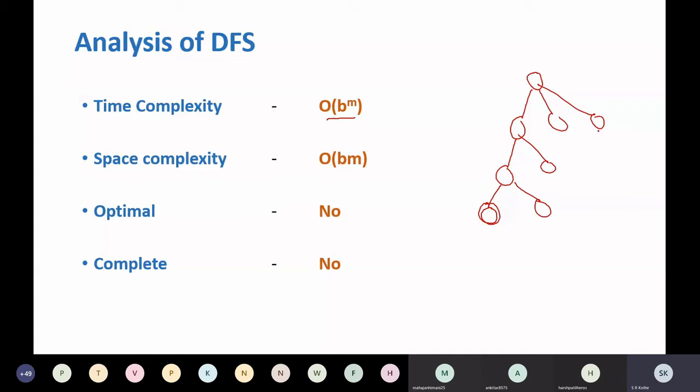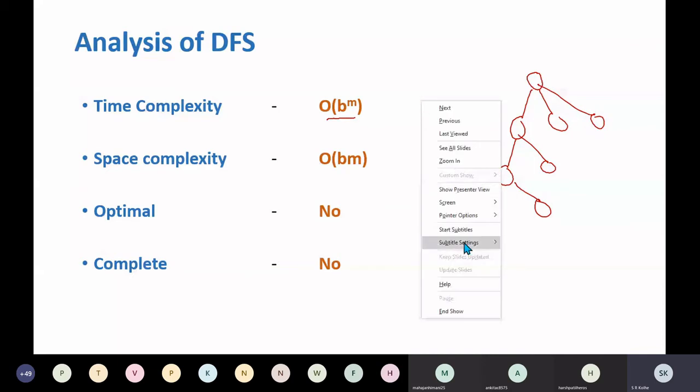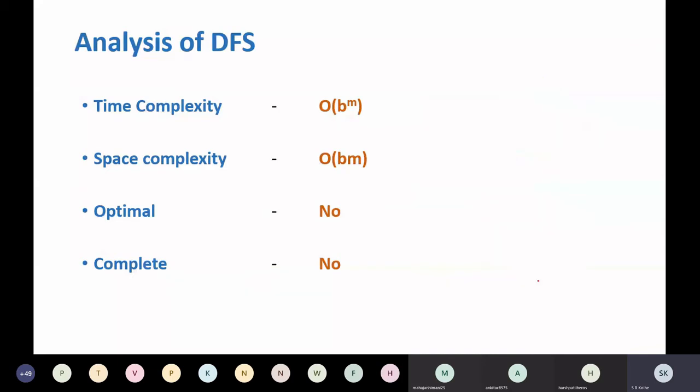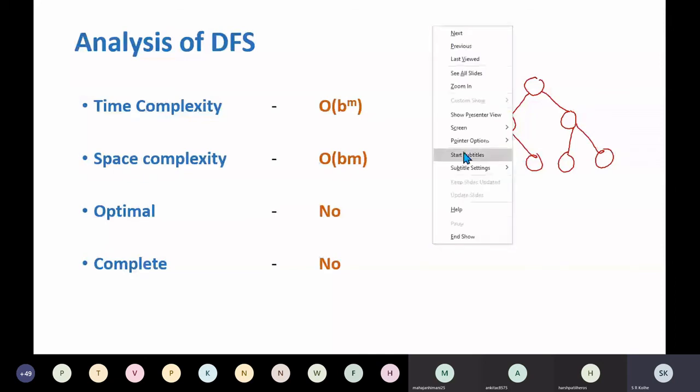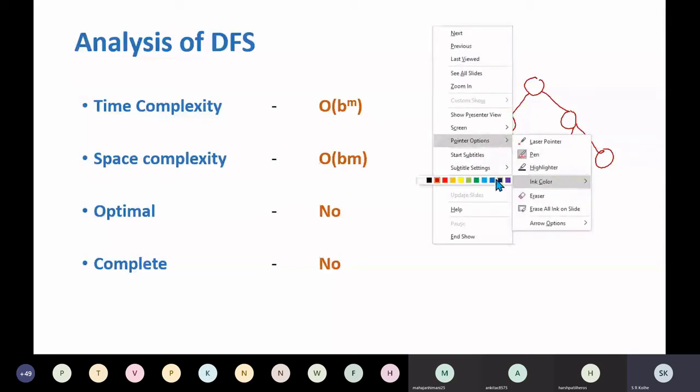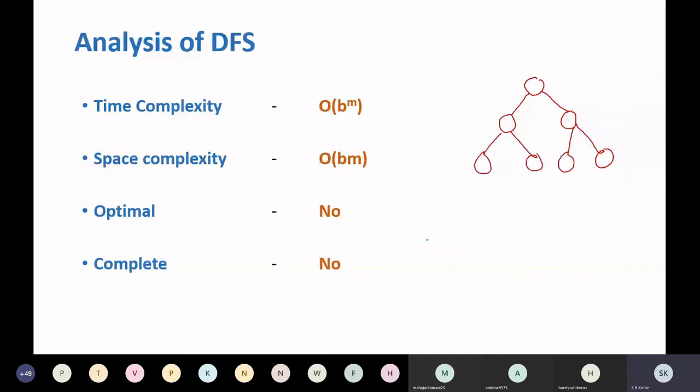But in the worst case, consider something like this, a simple search space consisting of very few nodes. Suppose your goal node is somewhere here.